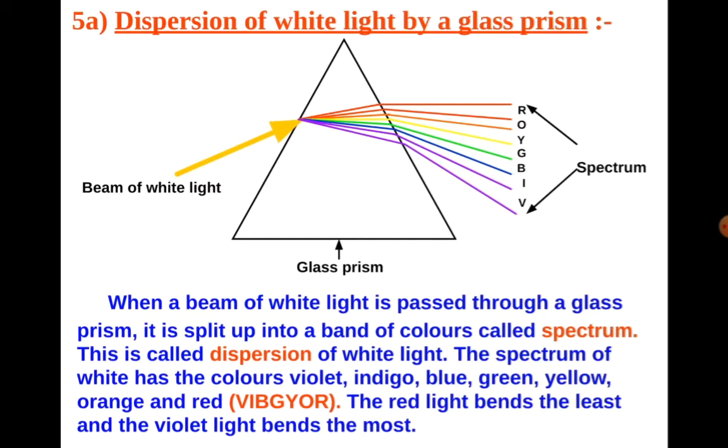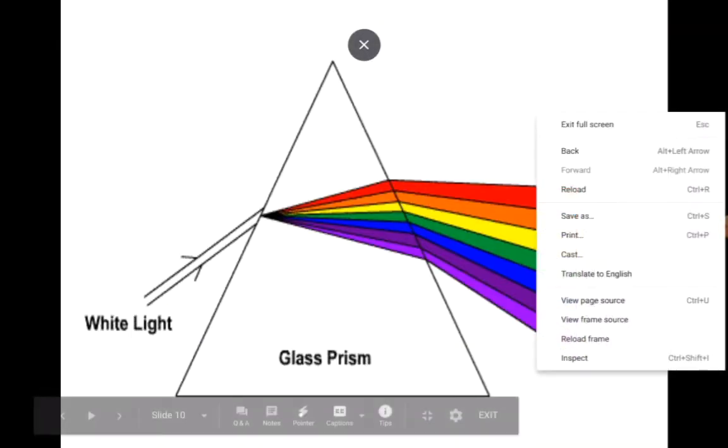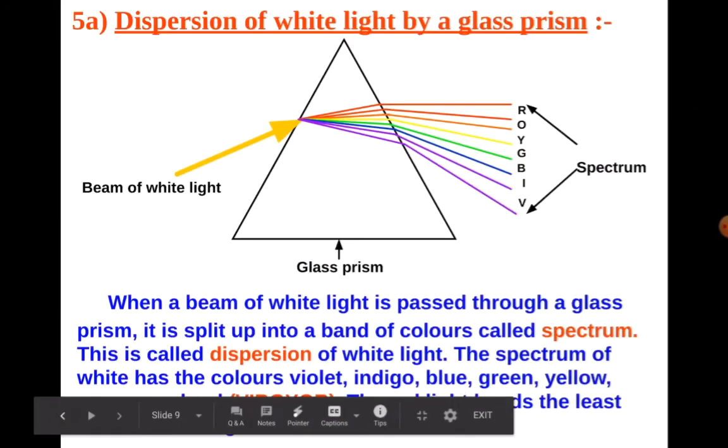As you can see here, when a ray of light, or you could think of sunlight, enters a glass prism, what can you identify when sunlight passes through a glass prism?